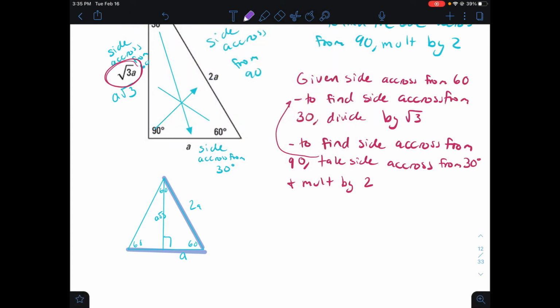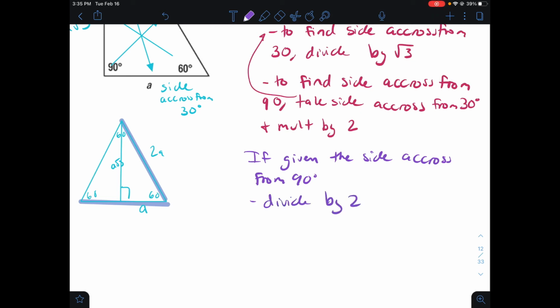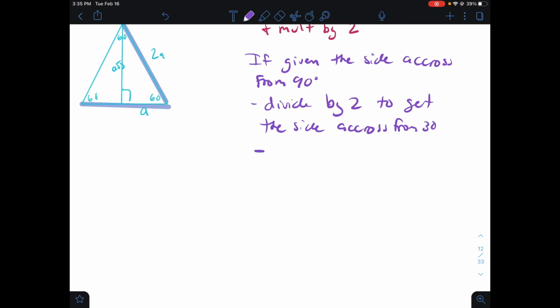So the last case is if you are given the side across from 90. You're going to divide that by 2 to get the side across from 30. And then to get the side across from 60, you're going to multiply your answer from the first step by root 3.